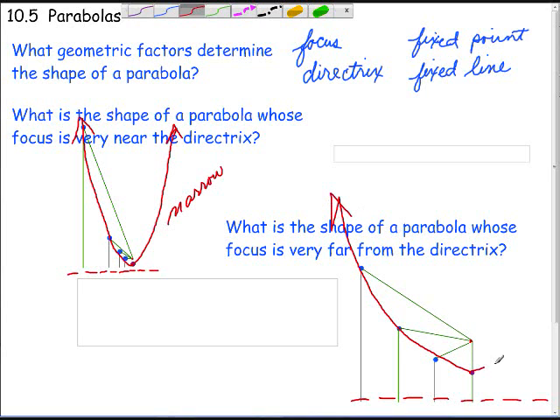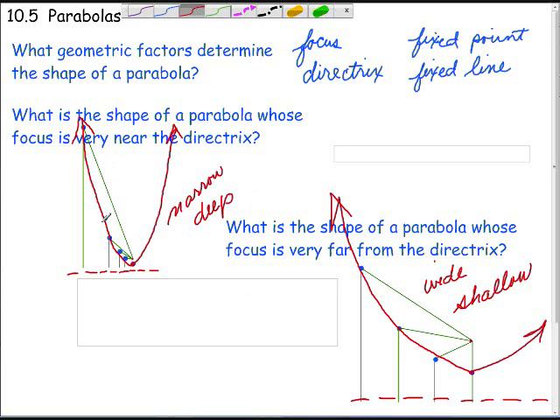And of course we know it would be symmetrical and it would go off there. So this is wide. You could think of it also as being shallow, and this one as being deep.